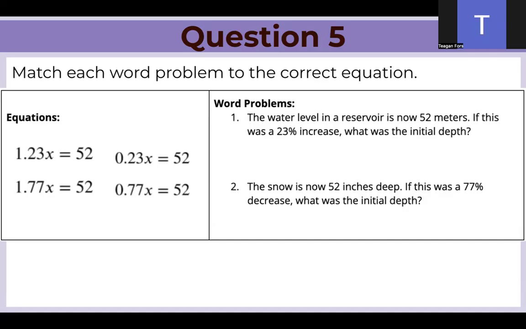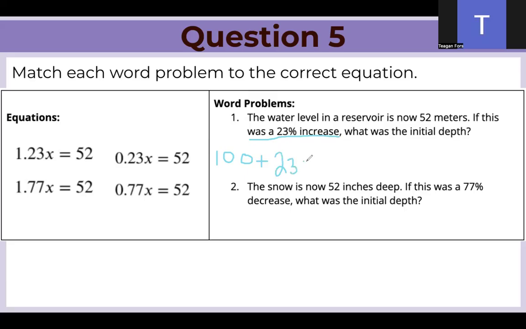So to find this, I need to first think about what's happening in my problem. So let's do this nice blue color. There was a 23% increase. So I'm starting at my original or initial amount, which is 100%. And then to that 100%, I am adding a 23% increase.